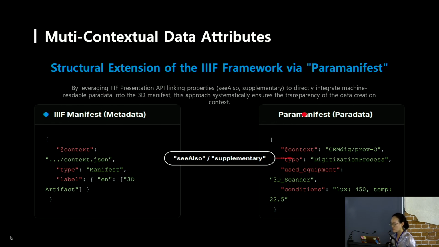We checked whether we could use an idea like the manuscript, the documents written by the researcher, linked to the paradata designed with the existing IIIF manifest. To do this successfully, we used internally linked properties like seeAlso or supplementary with the IIIF Presentation API to connect the machine-readable resource.